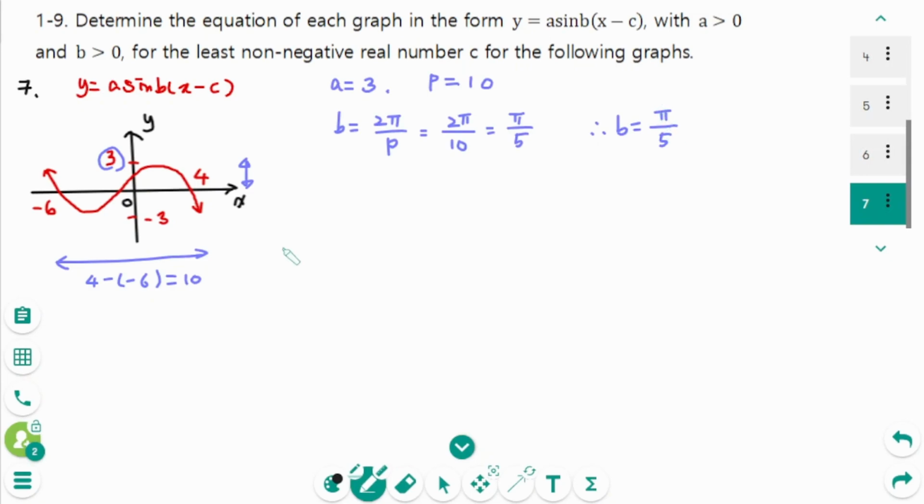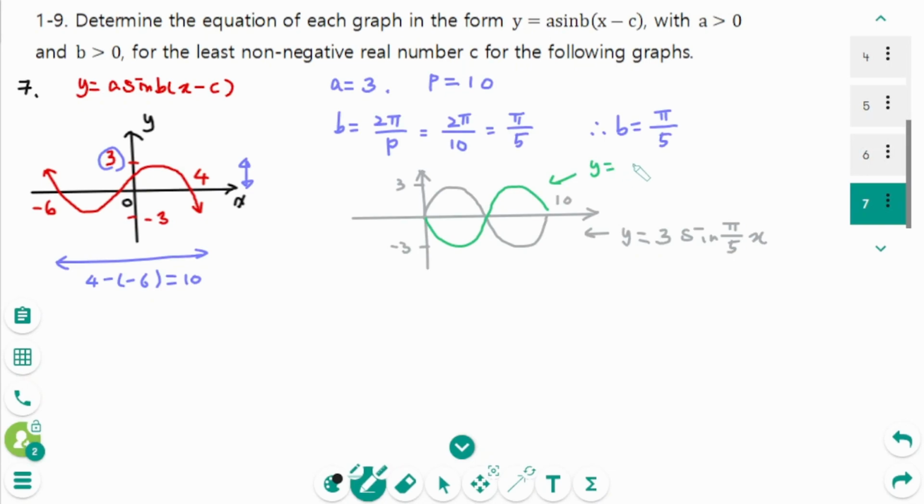If we can write negative numbers for A, then for this one, the period is 10 and the amplitude is 3, and this graph is y equals 3 sine pi over 5x, and then this is y equals minus 3 sine pi over 5x, because this minus means reflection in the x-axis.